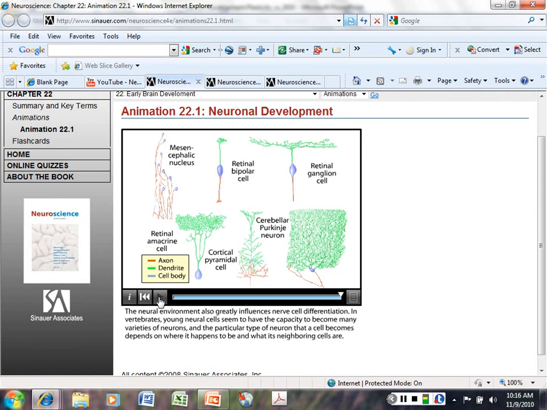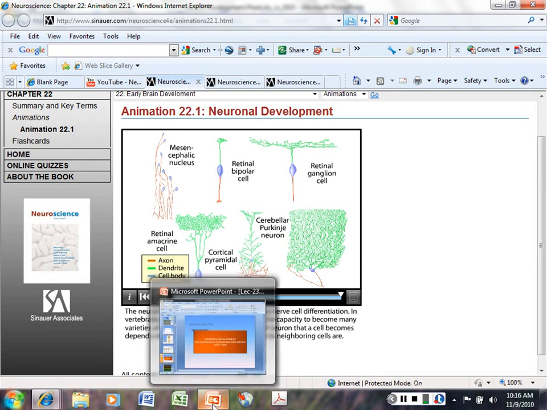So you can get anything from a vastly, diversely branched Purkinje cell in the cerebellum to a very simple retinal bipolar cell, which really only has two projections. And all of that level of differentiation is dependent upon the environment that a cell finds itself in when it reaches its final destination. So once it makes that decision, it doesn't go back.